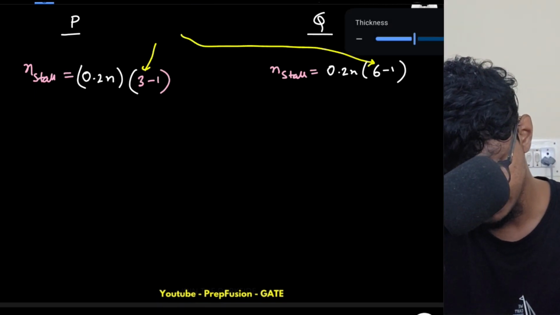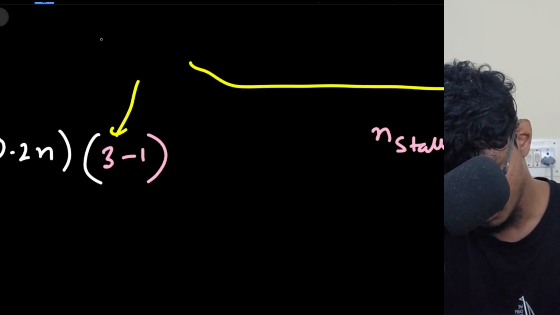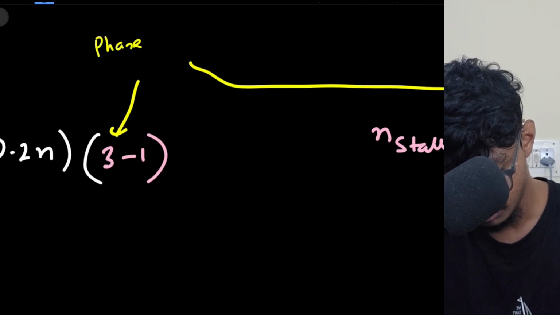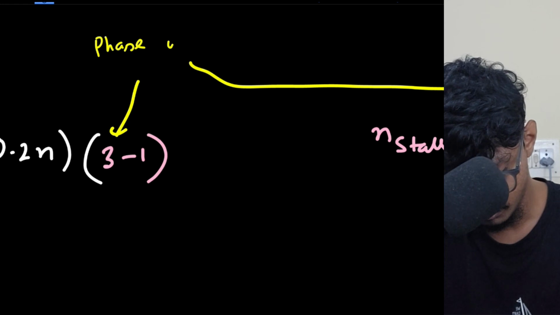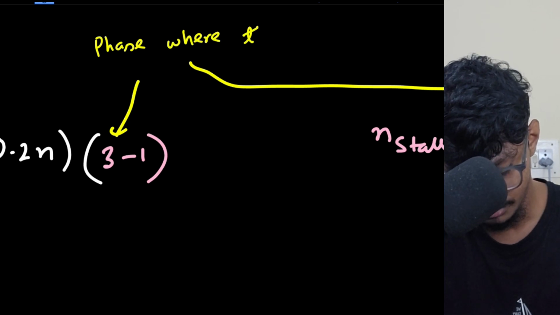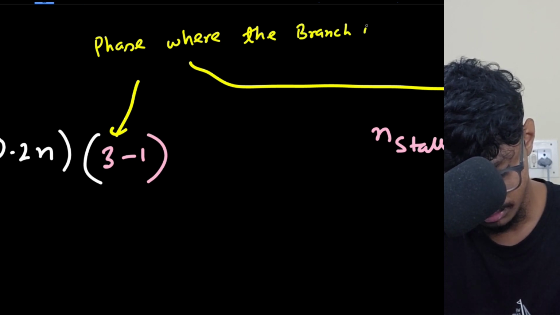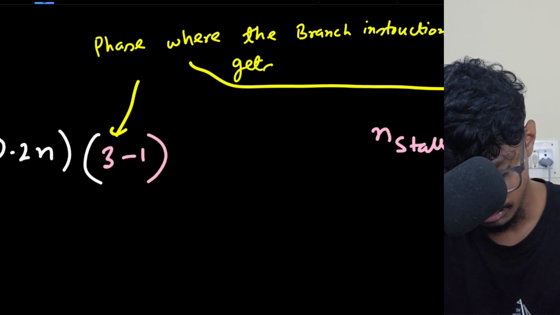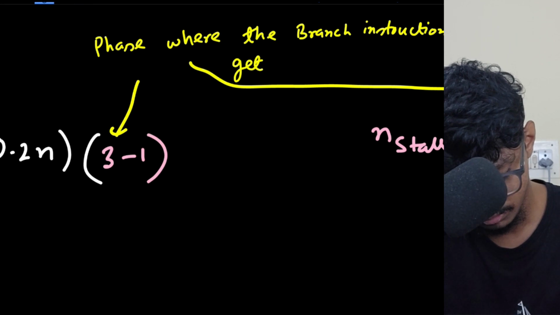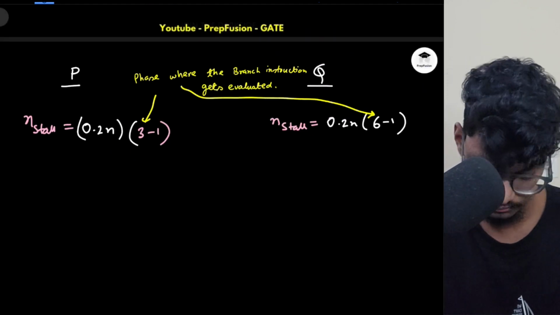So this is the phase where the branch instruction gets evaluated.